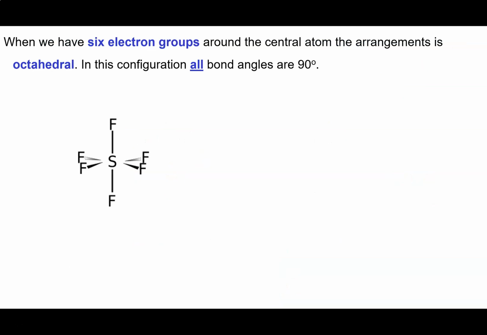Okay, we're almost there. So now we're going to look at the molecules where we have steric number equals 6, and we're going to look at what happens when you have one lone pair, two lone pairs, 3 lone pairs. When you have 6 electron groups around your central atom, the electron group arrangement is called octahedral.